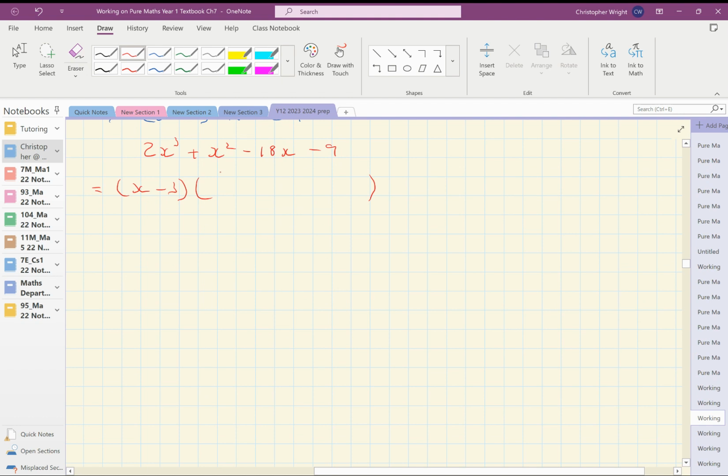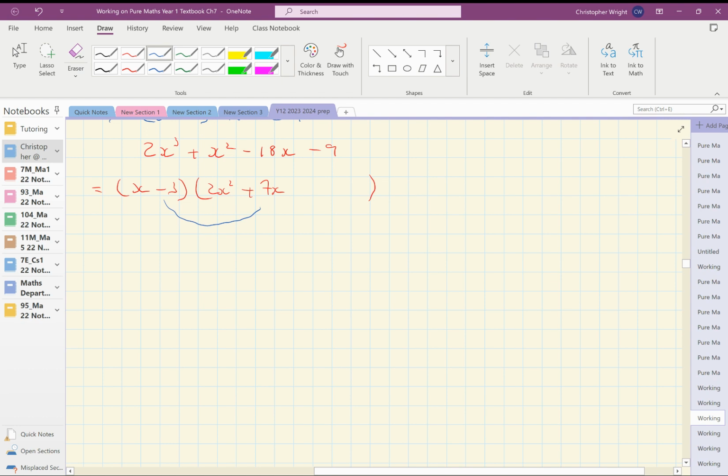So x would need to be multiplied by 2x squared to get my 2x cubed. But if I did that, then I'd have minus 6x squared here. And I need plus one of them. So I'm going to need to have another plus 7x squared. So if I write plus 7x here, then I'm going to get that plus 7x squared from there. But if I write plus 7x there, then I'm going to have minus 21x.